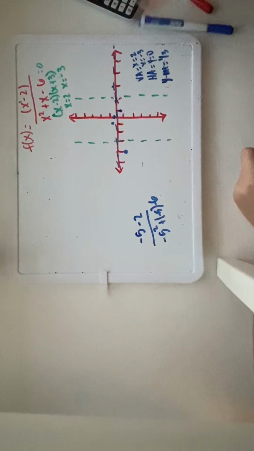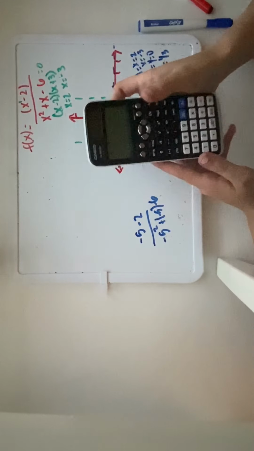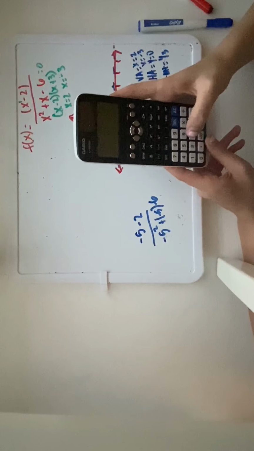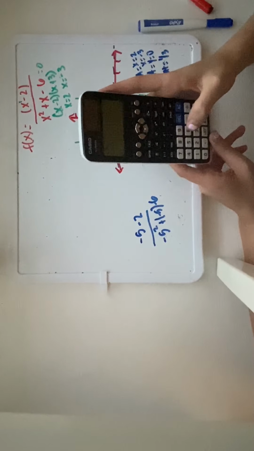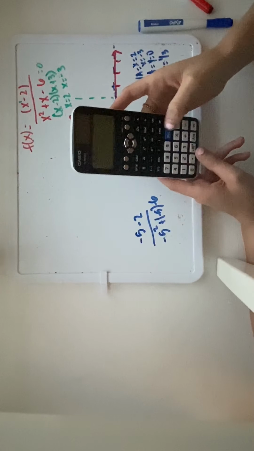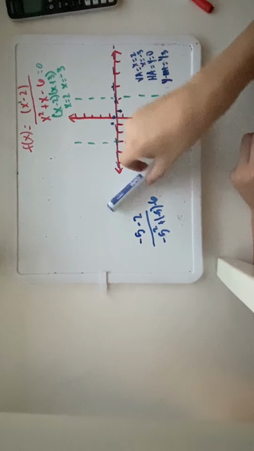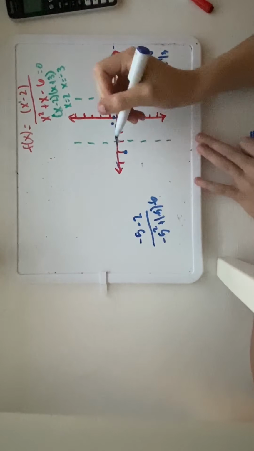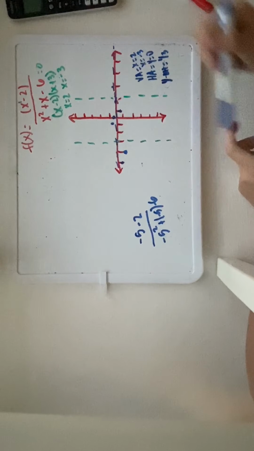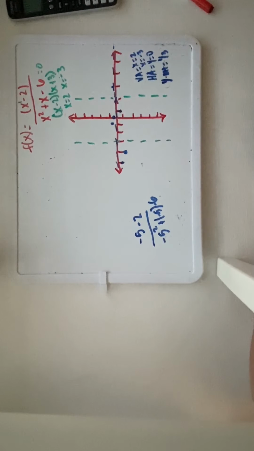So negative 5 minus 2 is negative 7. 5 squared is 25. Minus 5 is 20. Minus 6 is 14. So that gives us negative 1/2, or negative 0.5. So at negative 5, we have negative 0.5. So it's slightly above that dot. So now we're able to have our formation.